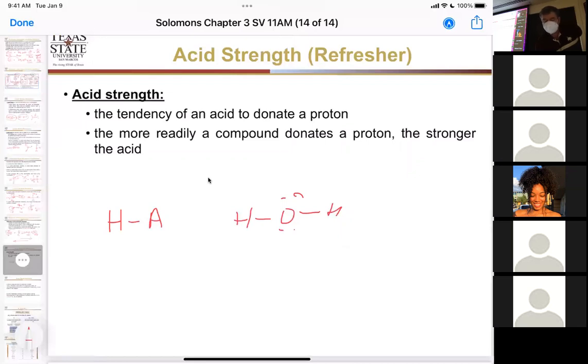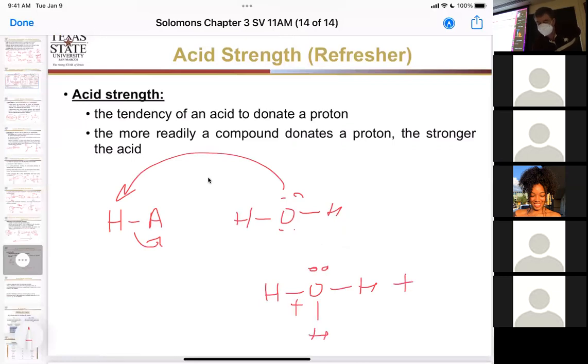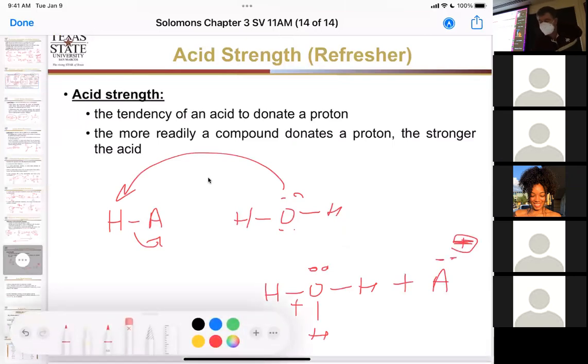And when I'm doing that, these electrons come over to this hydrogen, these electrons stay on here, and we're left with a hydronium plus and a lone pair plus A with electrons with a negative charge, not a positive charge, right here.